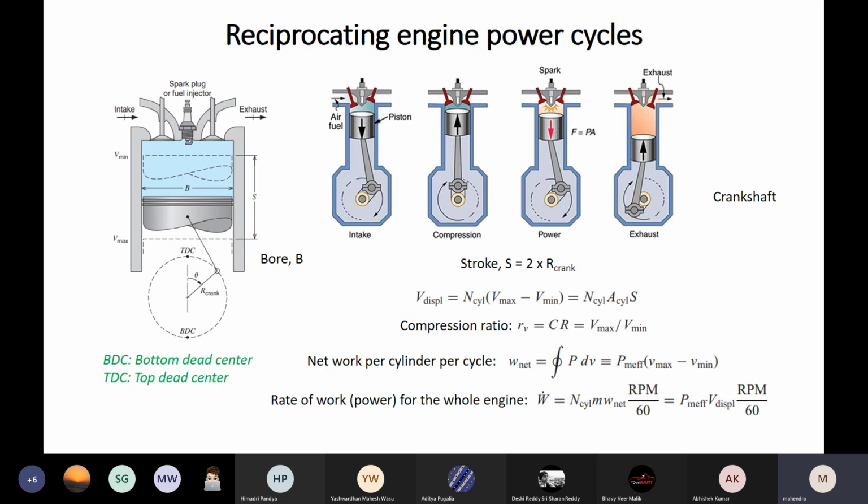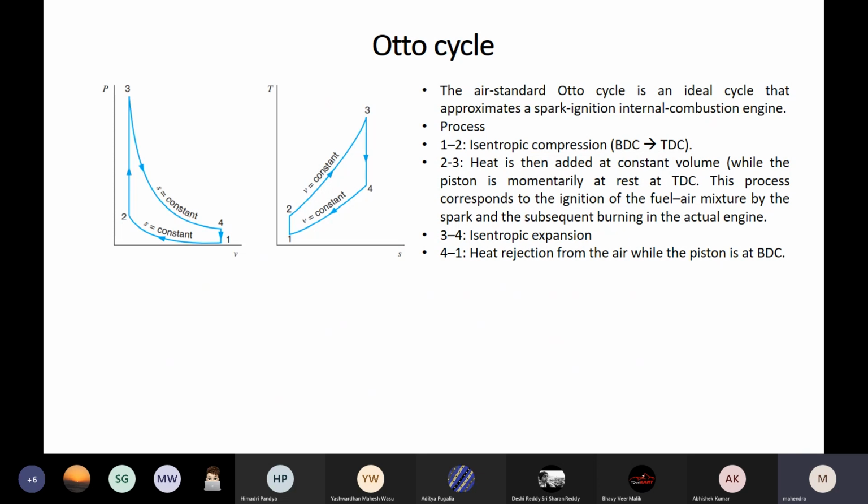Then combustion is taking place. Once combustion is completed, it generates a certain amount of energy. That energy pushes your piston down. Then at the end, at constant volume, the heat rejection process happens.